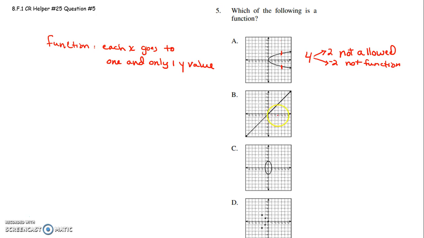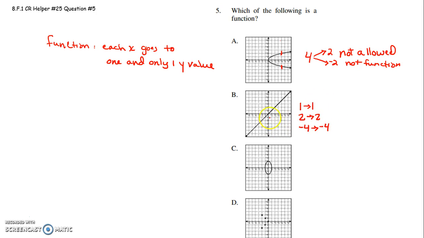Here, if I look at any x value, like positive 1, positive 1 happens to be going to positive 1. Positive 2 happens to be going to positive 2. I could try negative 4.